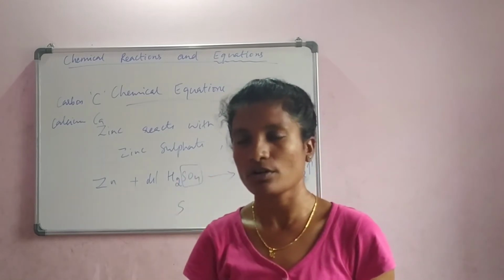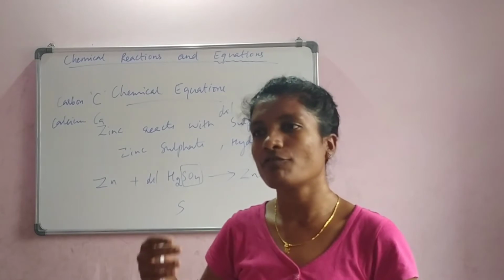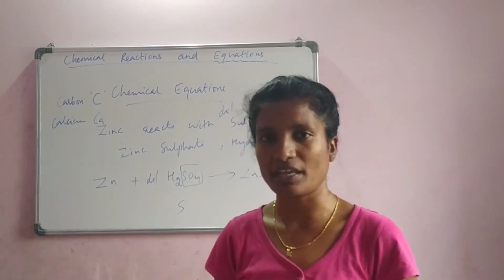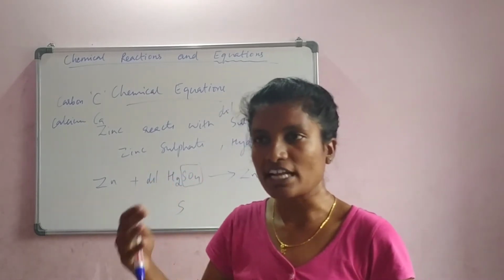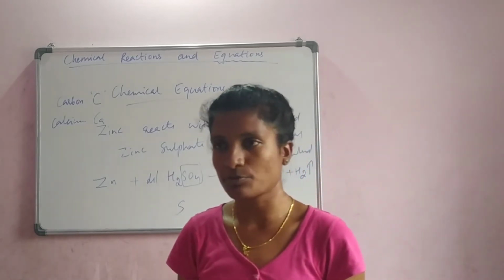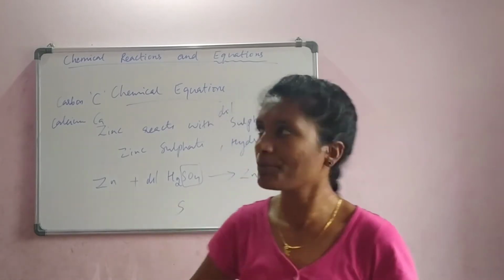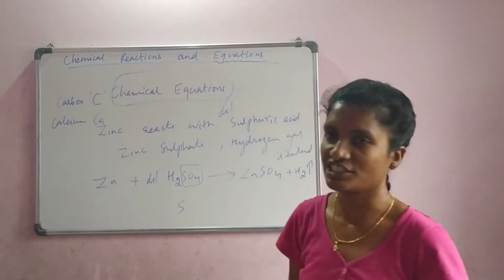What is the symbol for hydrochloric acid? It is hydrogen and chlorine combined. Similarly, for lead nitrate we have PbNO3. Then for calcium oxide we have CaO. So you need to read more and more textbooks. You have to refer and look into the symbols. That will help you to frame the chemical equation.